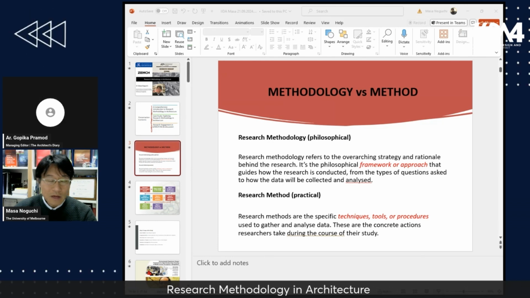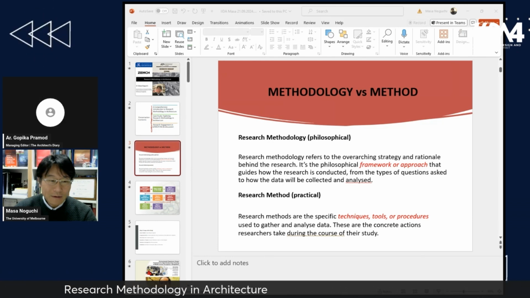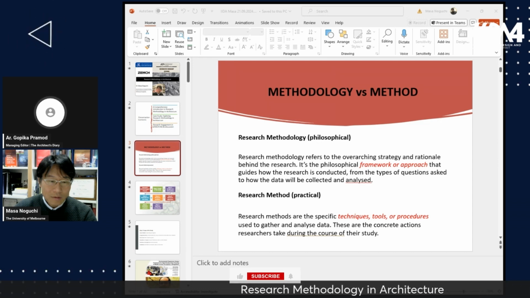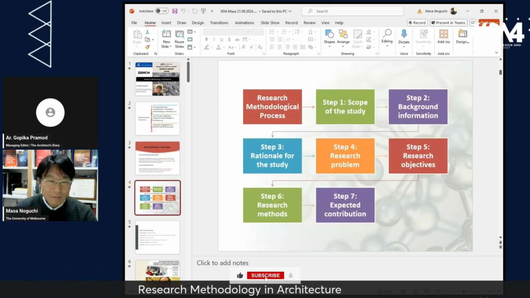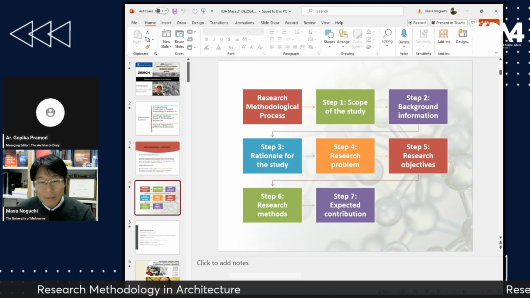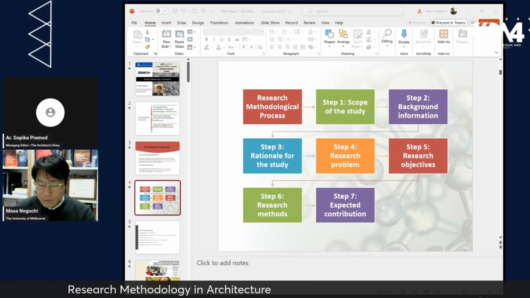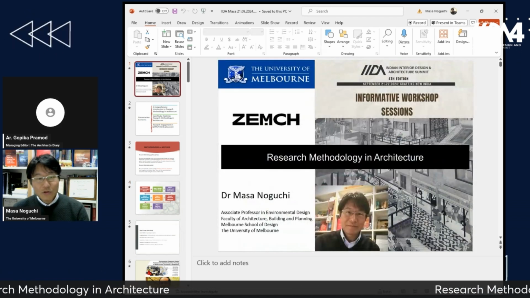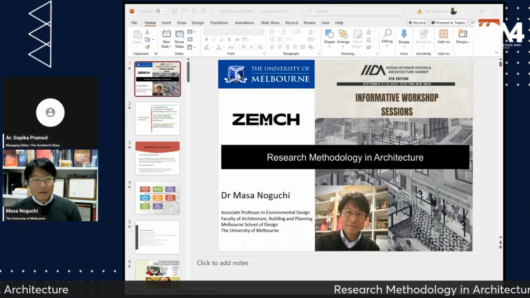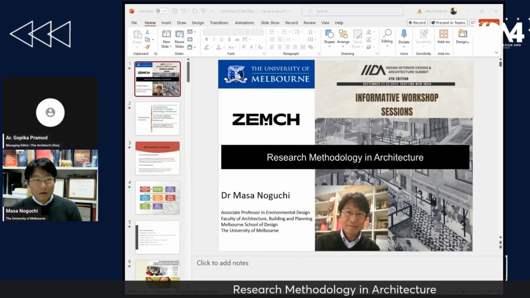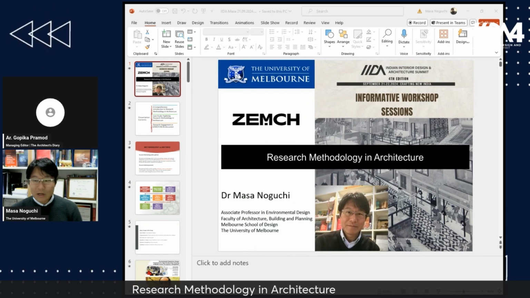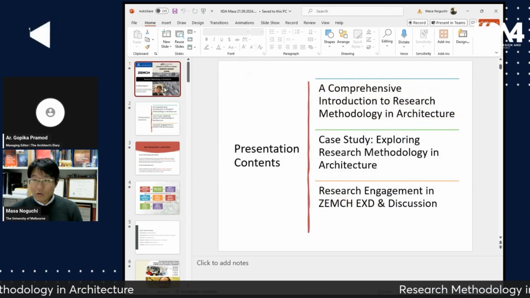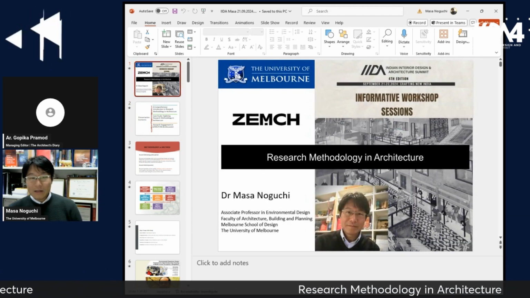We are still not able to see the slides change. Could you reshare the entire screen once more? How about this one? Could you change the slide again? Maybe I should make a presentation like that. I can't change the slides if I do it like this. Okay, I don't mind, but it doesn't look really right.